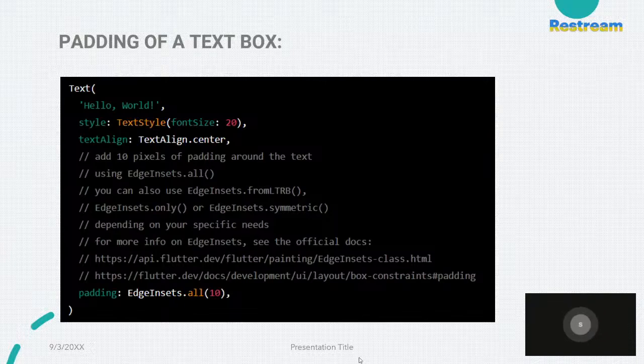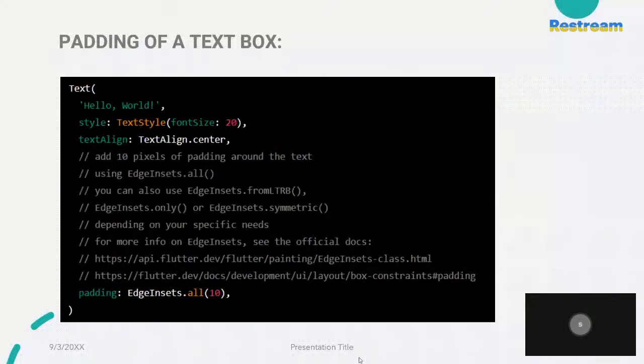A text widget is there, and that widget contains hello world. So what happens here is a text widget is being placed inside an application's UI, and the style of the text widget is decided, like the font size is 20. Then the alignment. Add 10 pixels of padding around the text widget.